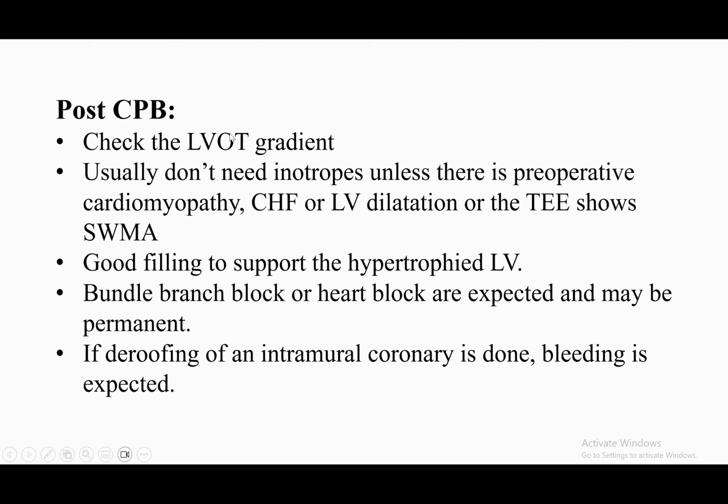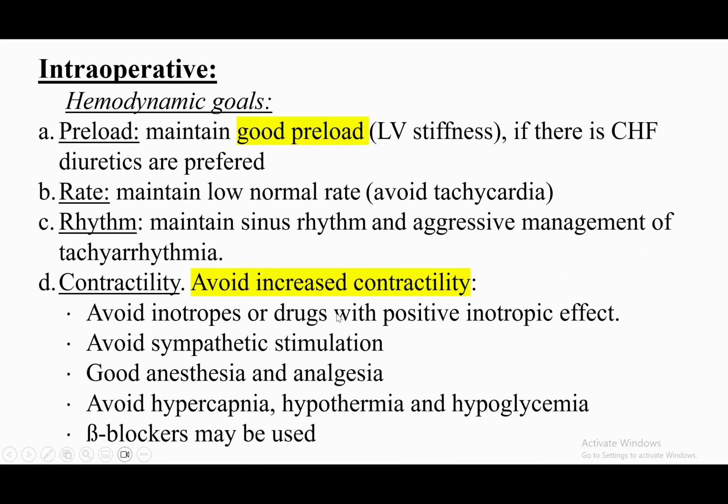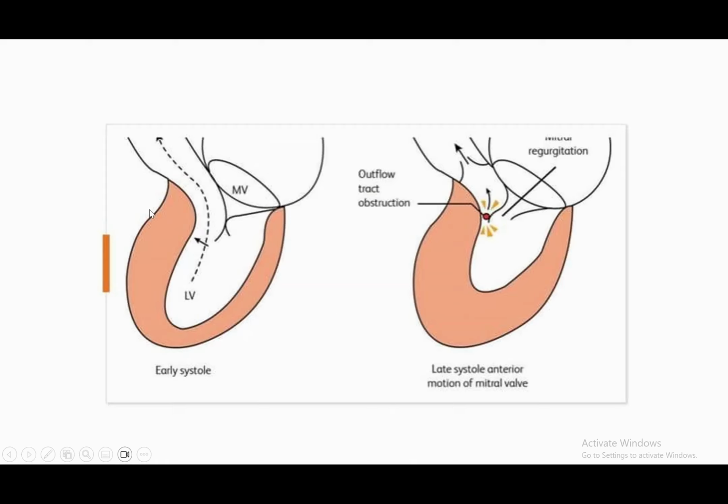Check the post-bypass LVOT gradient. Usually we don't need inotropes unless there is a preoperative cardiomyopathy, congestive heart failure, LV dilatation, or motion abnormalities. Good filling to support the hypertrophied left ventricle. Bundle branch block or heart block are expected and may be permanent due to injury of the conducting system during resection.